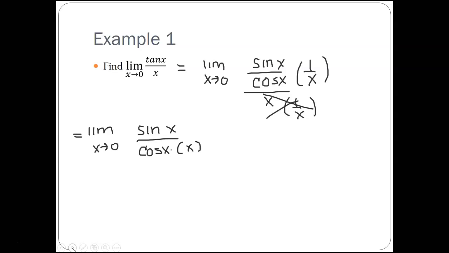And what we should notice is we get sine x over x as part of that limit. Well, the properties of limits say a limit can be rewritten.